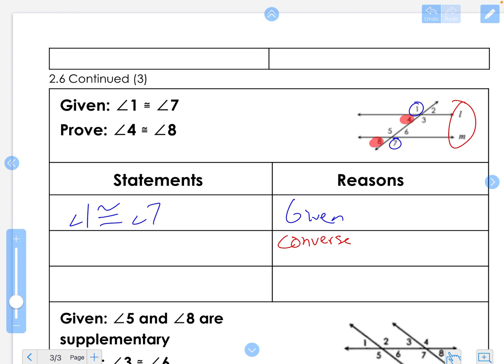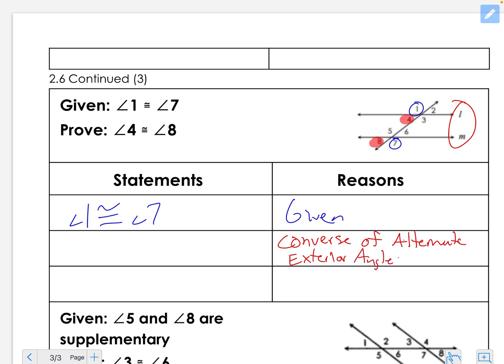If I'm looking at 1 and 7, it's going to be the converse of the alternate exterior angles theorem.